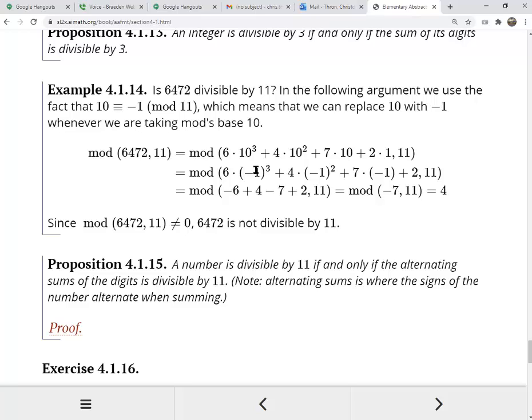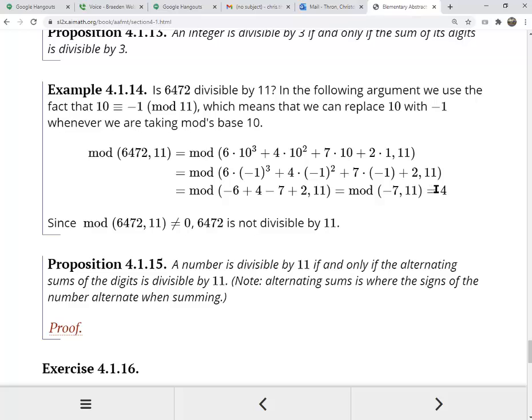So what that means is that the odd powers of 10 are going to become odd powers of minus 1, and the even powers of 10 are going to become even powers of minus 1. So you're going to get alternating signs. Odd powers of 10 give me minus. Even powers of 10 give me plus. So I take the alternating sum of the digits, and if that's equal to 0 mod 11, then 6472 is divisible by 11.